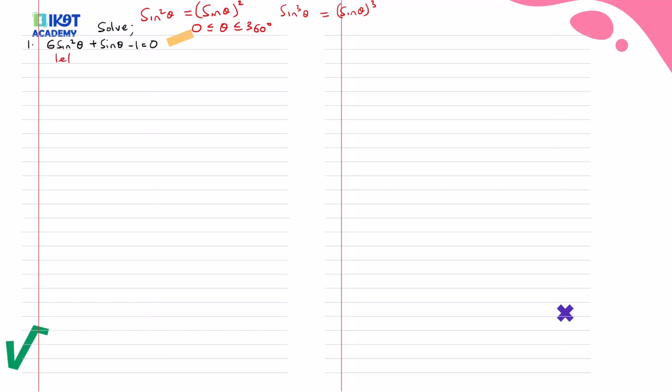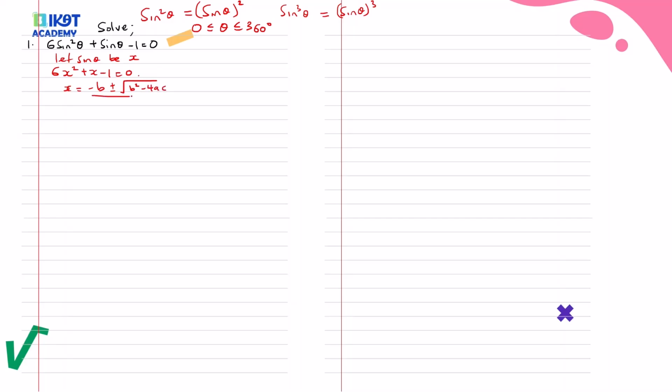So now how we solve this, usually let sine theta be maybe x. So you say this is 6x squared plus x minus 1 is equal to 0. This is a standard quadratic equation, and you choose any favorable method because there's usually a mark for solving the quadratic equation. Let me use the quadratic formula. x is equal to negative b plus or minus the square root of b squared minus 4ac, all over 2a.